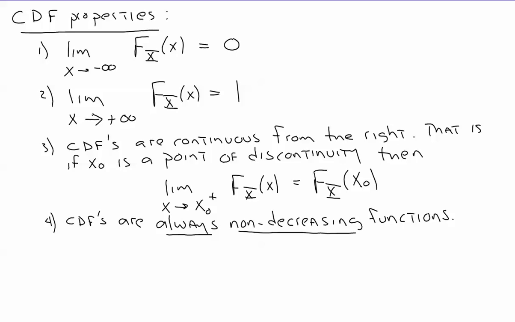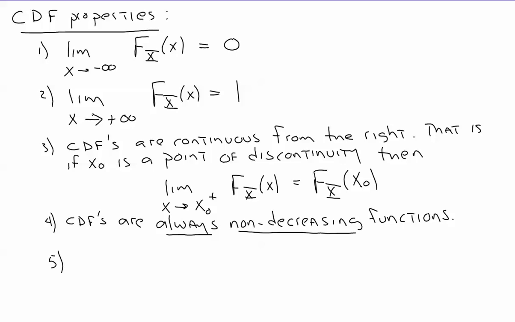They can have some flat regions, and we'll see an example of that in just a few minutes. But they can never decrease. As you add more possible outcomes, you can't get less probability. It can flatten out, it can plateau.